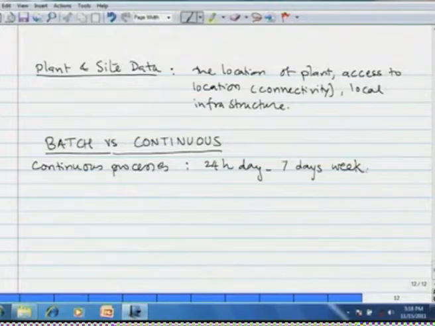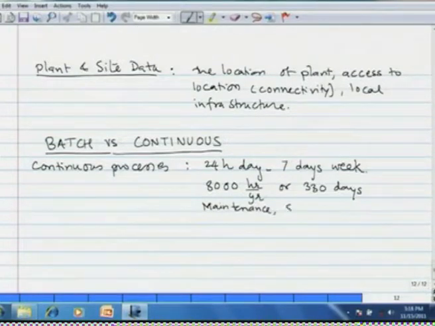The typical working hours of a continuous process are taken as 8,000 hours per year, or in some cases something like 330 days per year. The rest of the time is for maintenance and shutdown and startup.